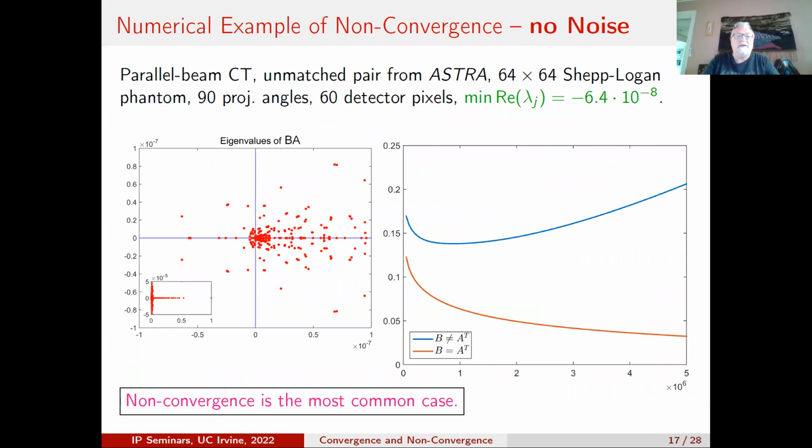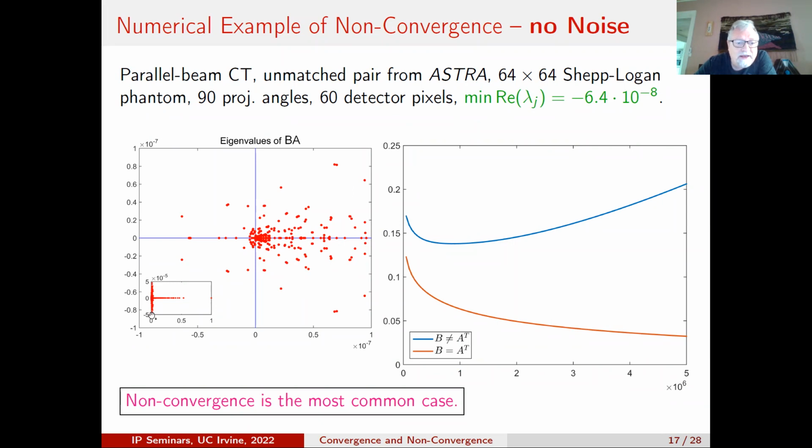Actually, let me just skip ahead one slide here. All right, so here's an example that we have created. We're using the software package Astra for doing the CT reconstructions, and we created the two matrices A and B, and then we computed the eigenvalues of the iteration matrix BA. And what you see here is the complex plane.